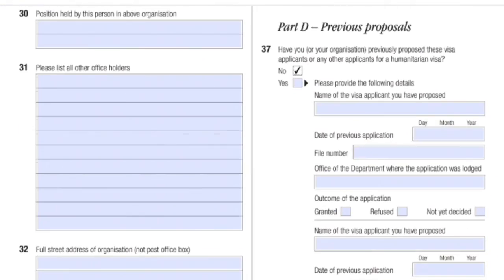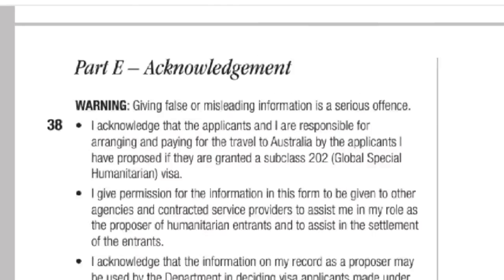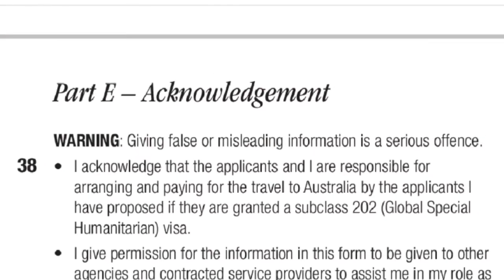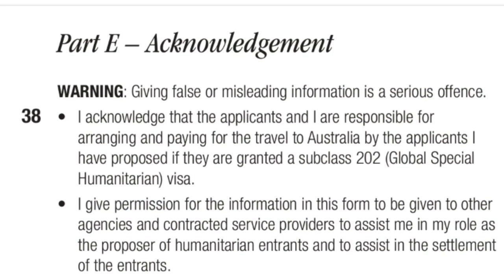If you run out of space for a question in the form, you can attach the answer in a separate sheet at the end of the file. In this way, write the question number and write the answer in front of it for all the fields, and then attach this sheet at the end of the form. Part E, Acknowledgement. Read the contents of Part E and sign the form.